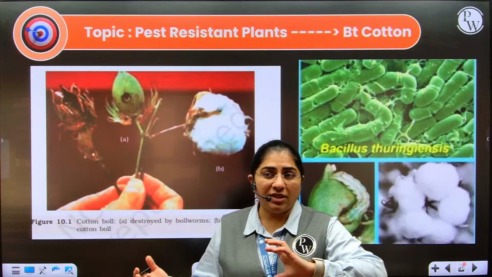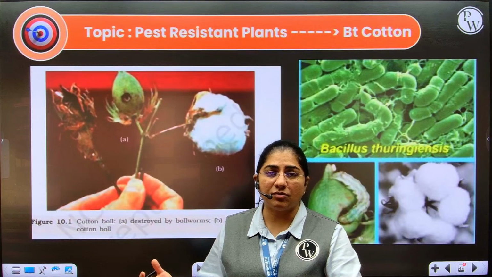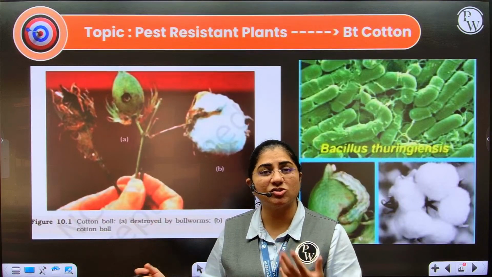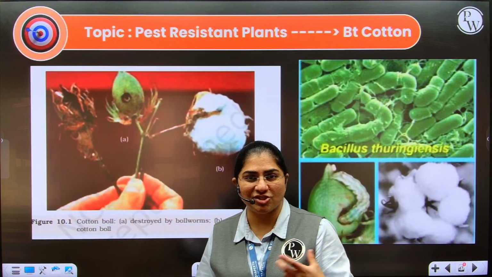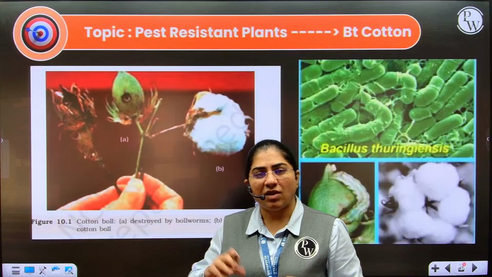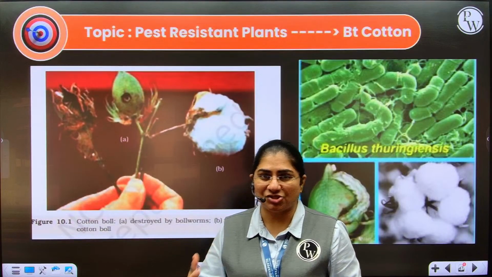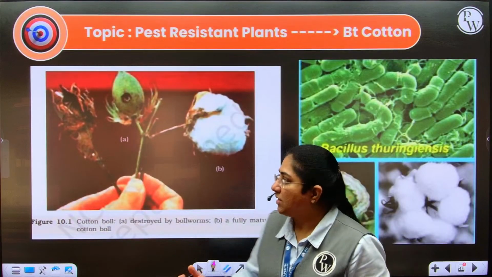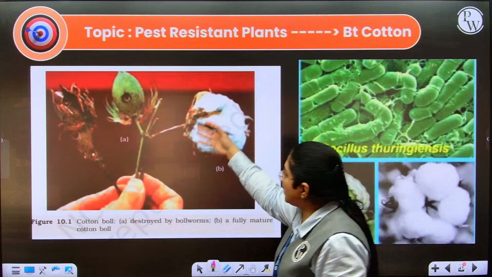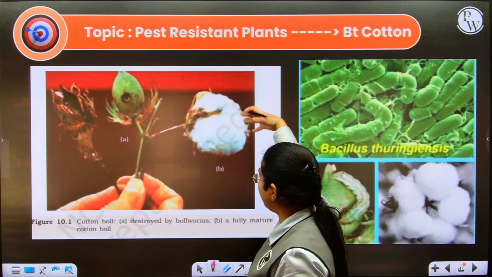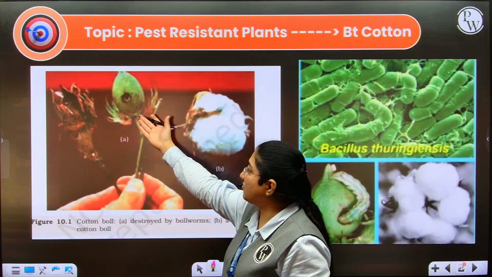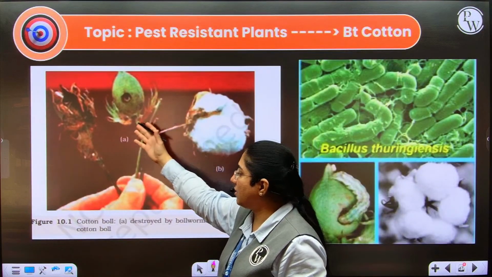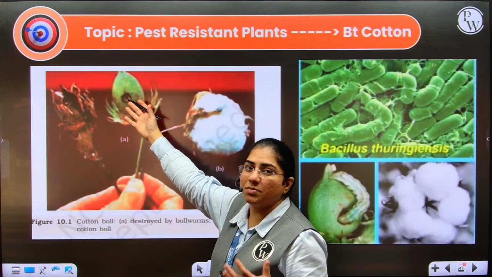One of the crops that was helped by biotechnology was cotton. We produce BT cotton, from Bacillus thuringiensis, BT. We'll talk about it. This cotton plant is a cash crop for India. If you can see, this is a beautiful mature cotton boll. It would have stayed the same, however its fate was different and it was eaten by a pest, the cotton bollworm.